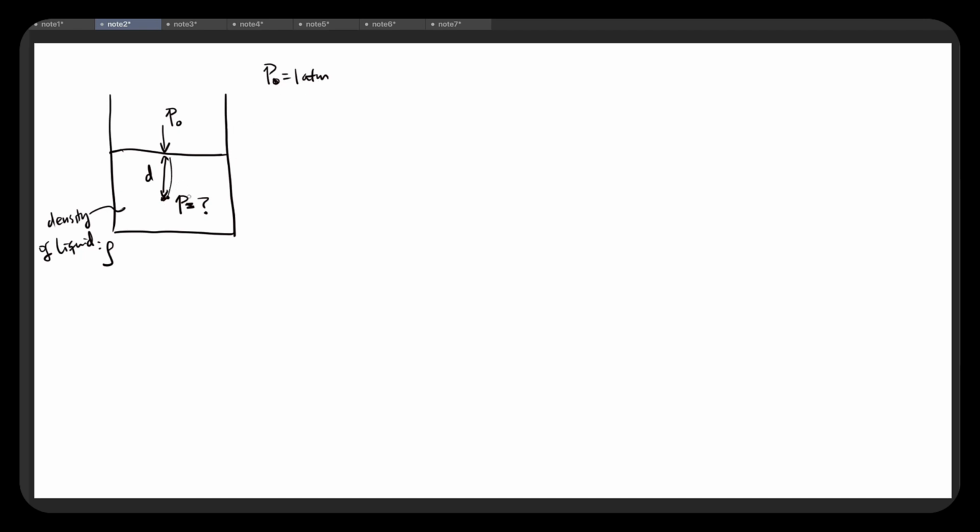So that's why the pressure at this point is given by P naught, the atmosphere pressure, plus the pressure due to this liquid column, and it turns out to be rho g times d.